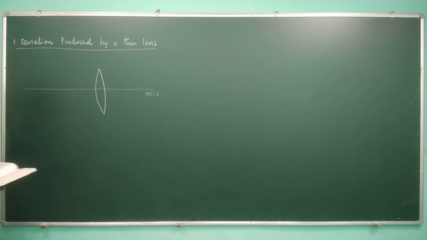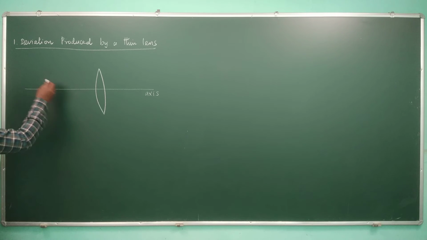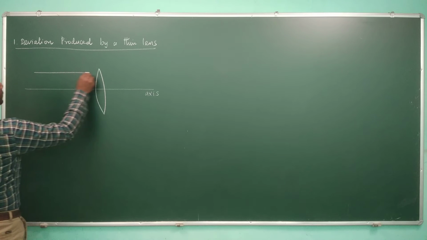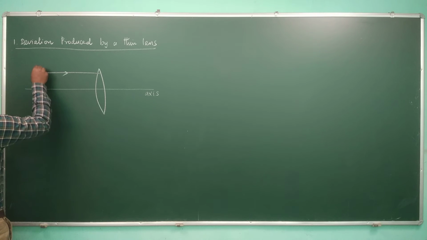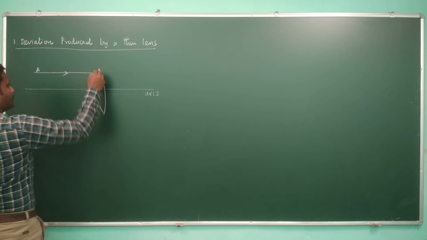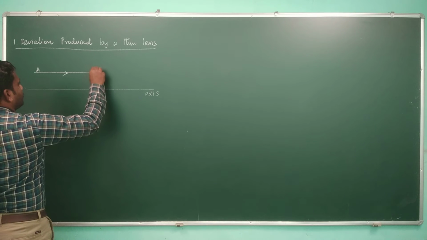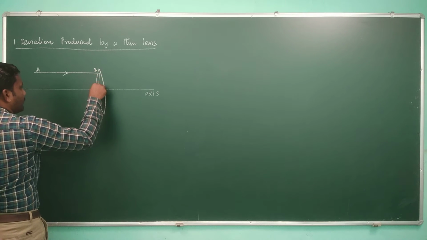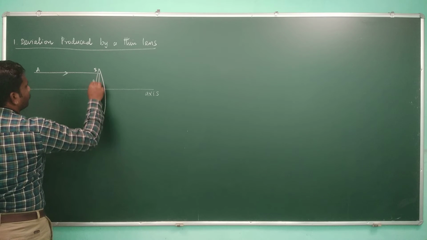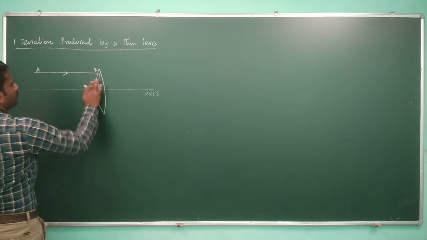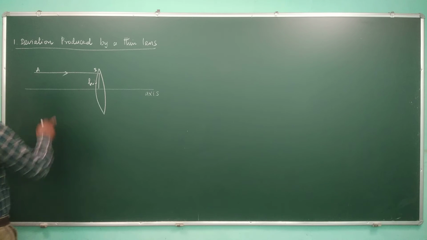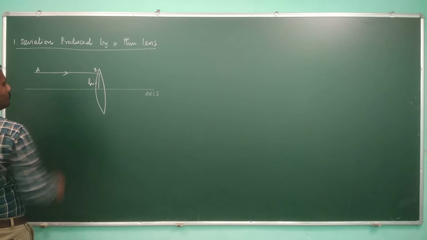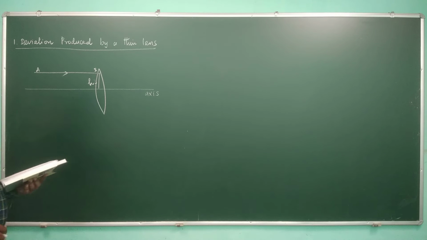For this purpose, let us consider a ray AB which is coming from the left and touching the lens at B, which has a height h from the optical axis. Once the light ray travels through the lens, it gets refracted.